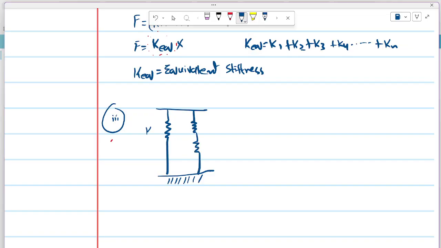Let's call them K1, K2, K3. Here there is a displacement in this direction called x, that is the same for both K1 and K2. But since K2 and K3 are in series, they have a difference in their displacement. So we define a node in between and call that another coordinate, y.